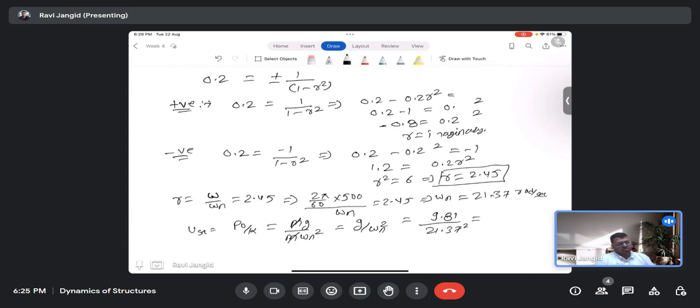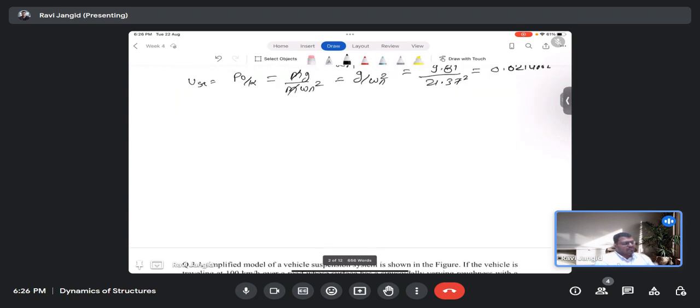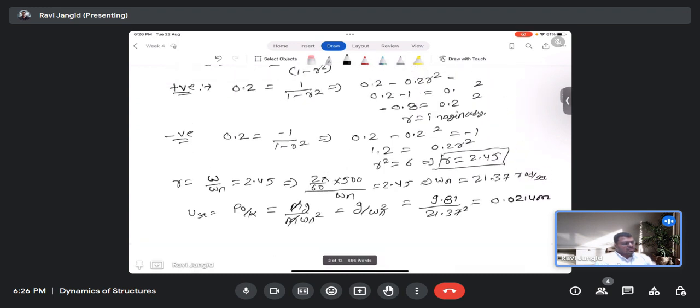So it would come out to be 0.0214 meter. Okay, this is the part without damping. Now if damping is also given, then we need to calculate accordingly.